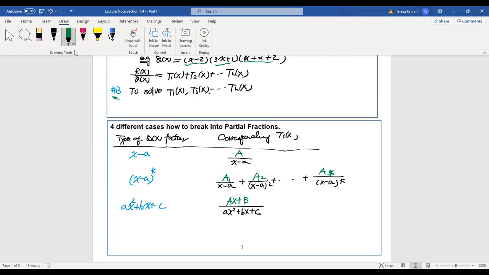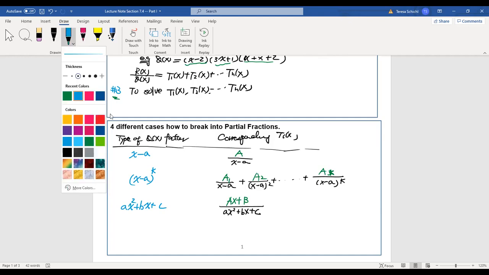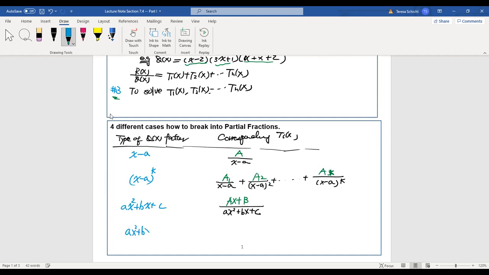Okay, then the next term: how about if you have ax squared plus bx plus c to the k-th power? Now, how do I break it? Just like the second one. So this will be ax squared plus bx plus c, then this is ax squared plus bx plus c squared, and so on up to ax squared plus bx plus c to the k-th power, right?